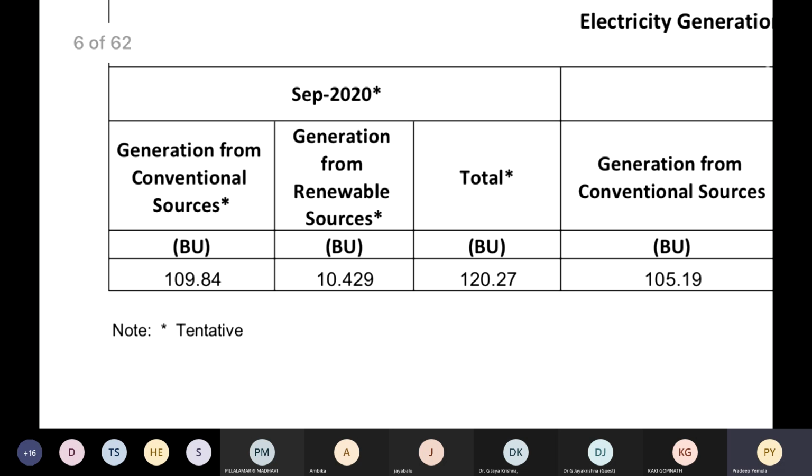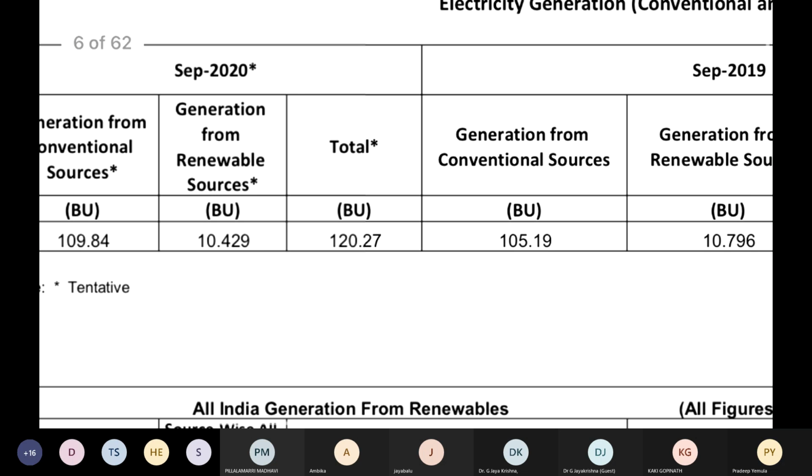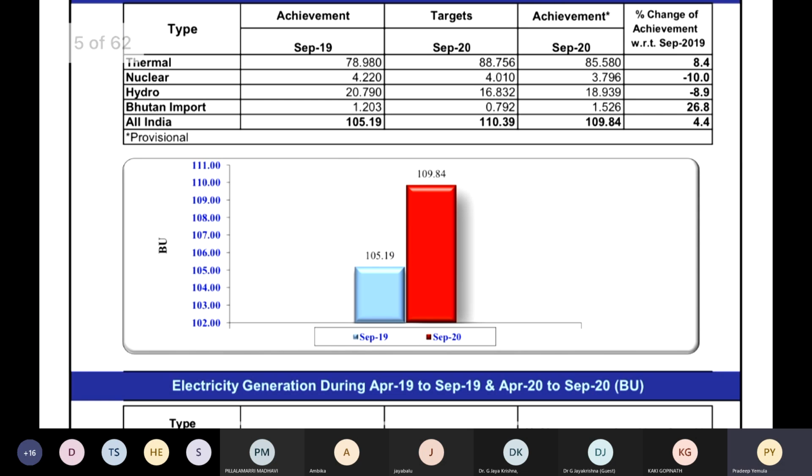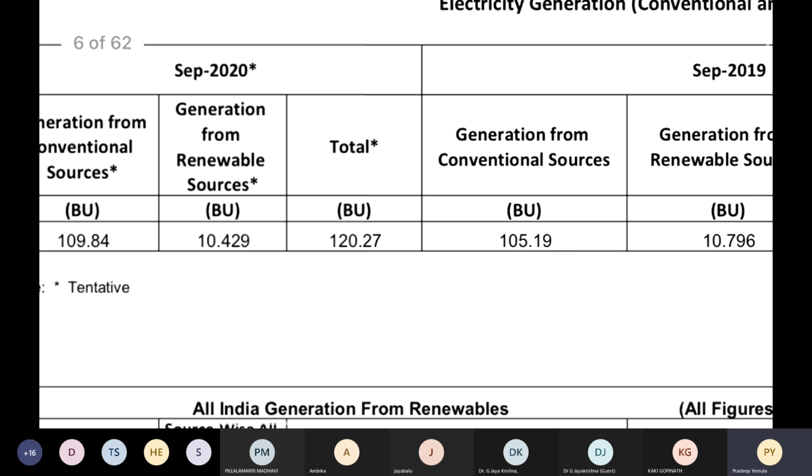So growth in total generation and all we can see. Now you can also know the breakup of renewable generation. So wind, solar. Since our session is now on wind, we can see in the month of August 2020, what is the wind, and in the month of August 2019, what is the wind. We can see more or less it's maintaining.